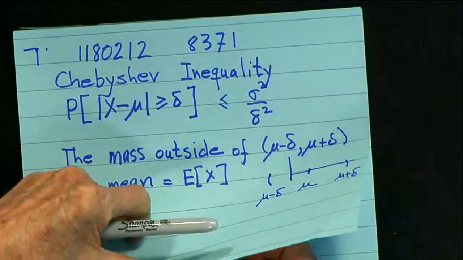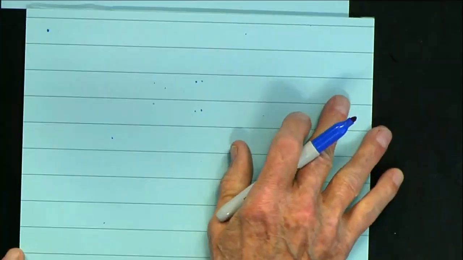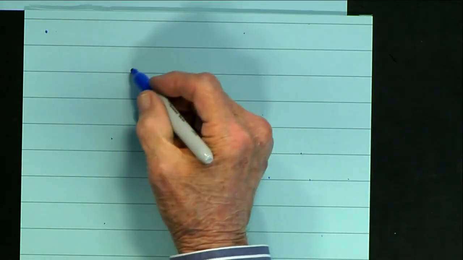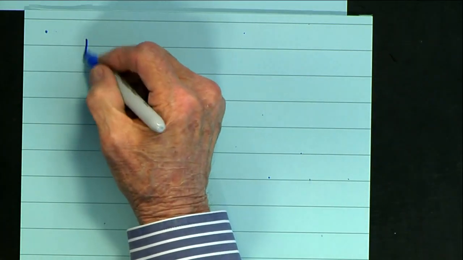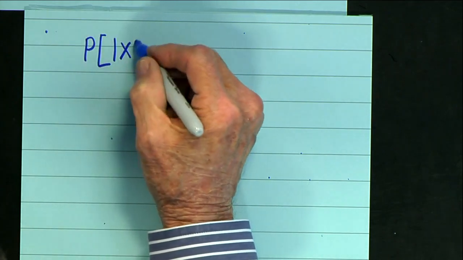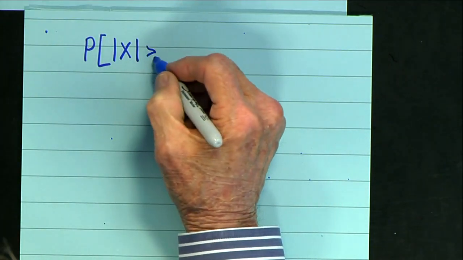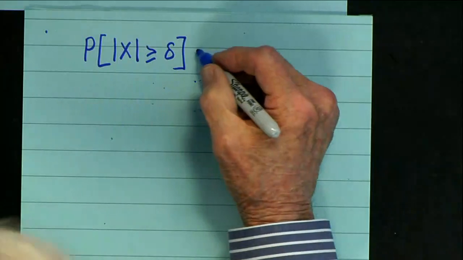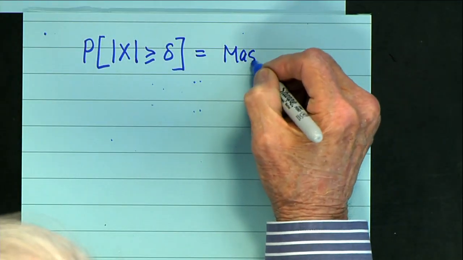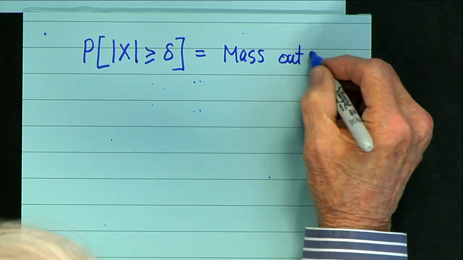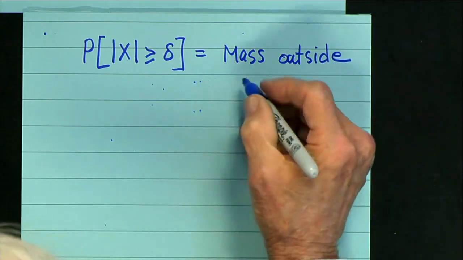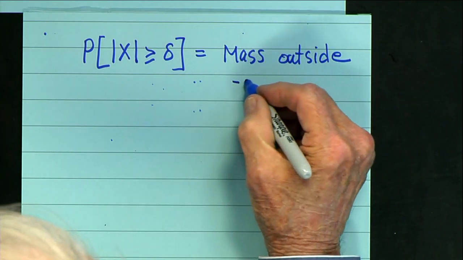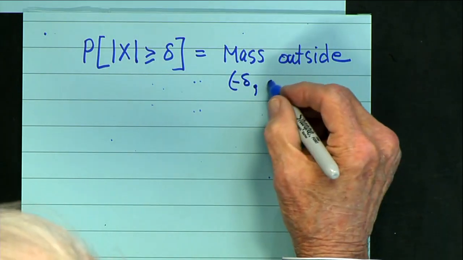Let me write it with no mean value. So the probability that x is greater than delta is the mass outside of the interval minus delta to plus delta.